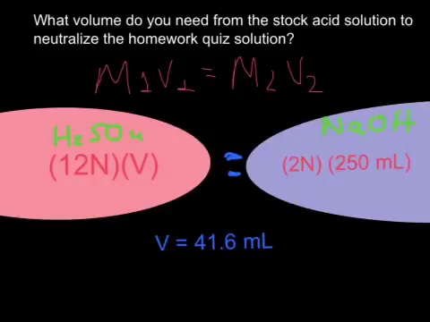Then the second question asks you, what volume do you need from the stock acid solution to neutralize the homework quiz solution? In this case, it's 3B, which has an NaOH solution with a 2 normal, 1 molarity, and it's 250 milliliters. So you go back and use the stock acid solution from the homework that has a 6 molar molarity. So you multiply times 2 since it's H2SO4.